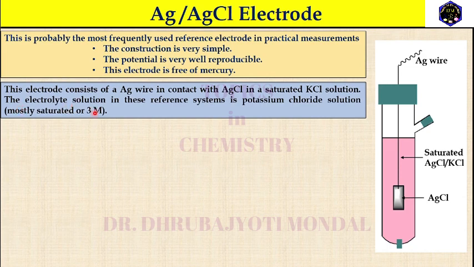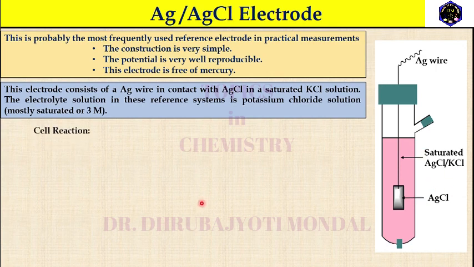The electrolyte solution in these reference systems is potassium chloride solution. Already I mentioned that the electrolyte is potassium chloride, and it is mostly saturated or 3 molar solution. So this is the construction.